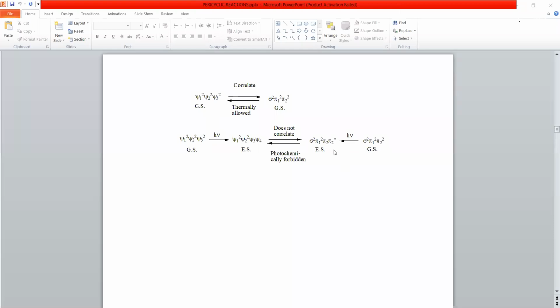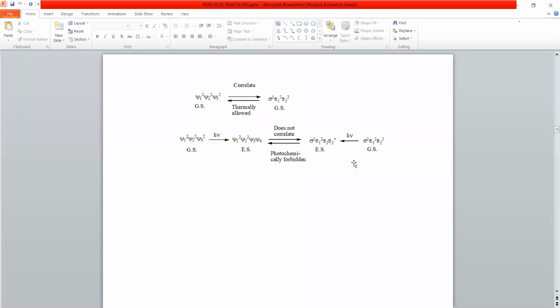Similarly, the first excited state of the reactant, sigma square, pi1 square, pi2 and pi2 star, is correlating with a higher excited state. It is not correlating with psi1 square, psi2 square, psi3 and psi4. So therefore, the first excited state of reactants is not correlating with the first excited state of products. Therefore, this reaction is photochemically forbidden.